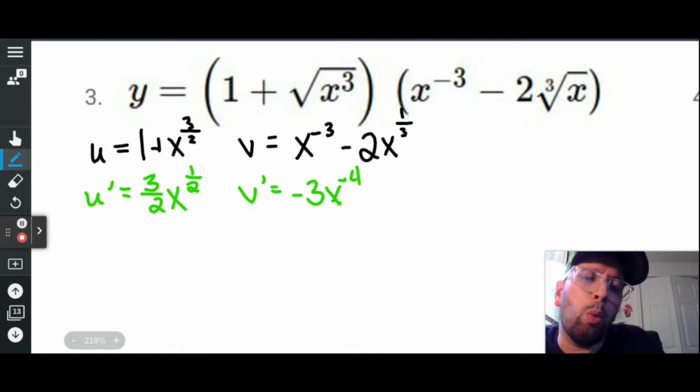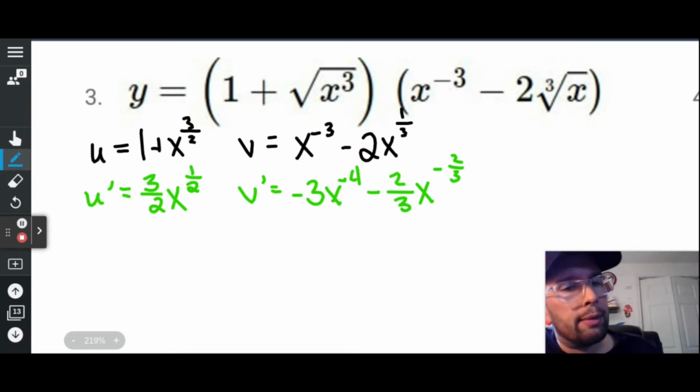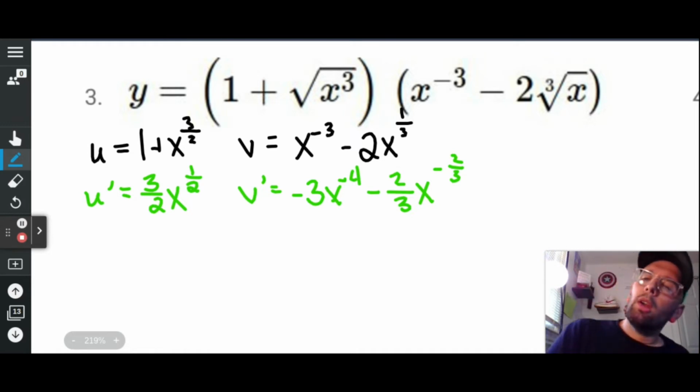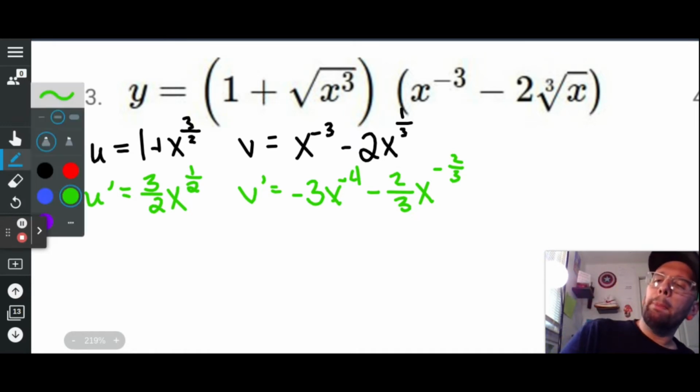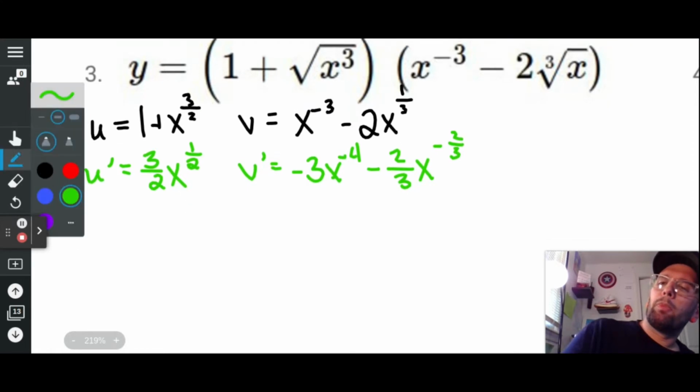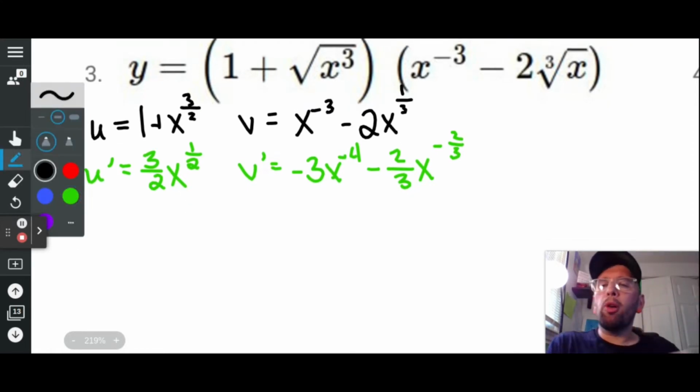This is bring down the 1/3 and multiply it by negative 2, so negative 2/3, and subtract 1, which is negative 2/3. Tricky, tricky, tricky. So the derivative y prime is going to be u prime v.